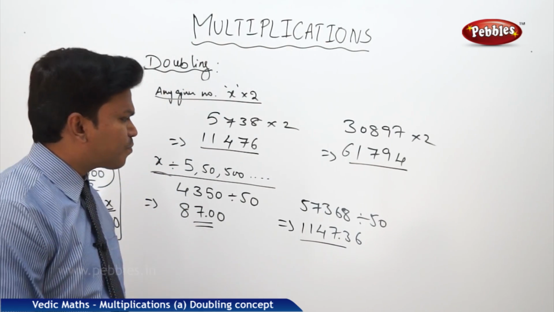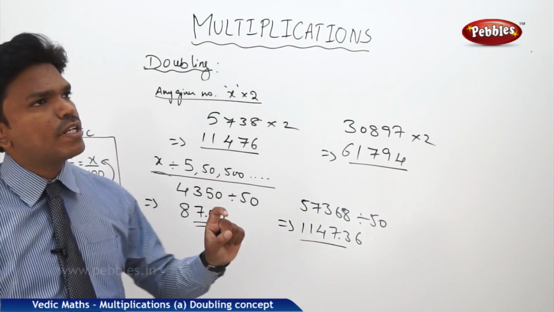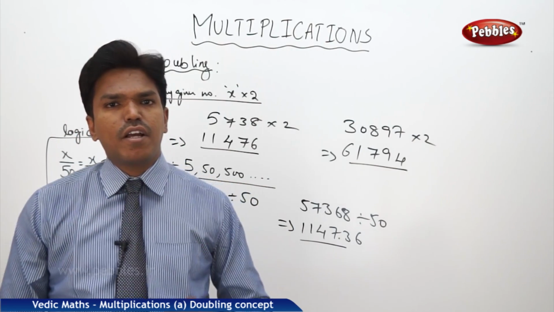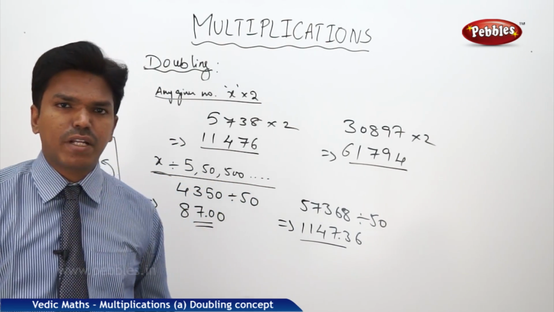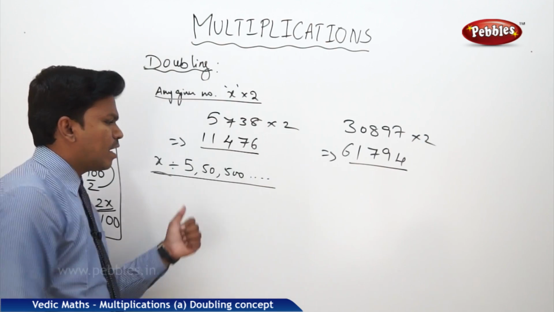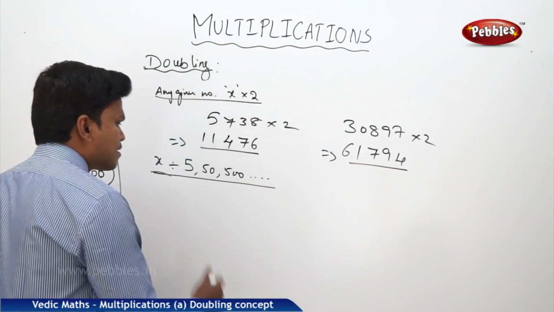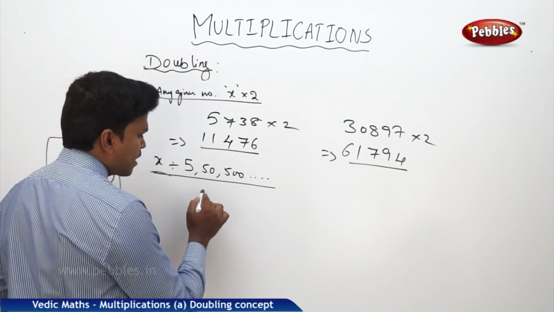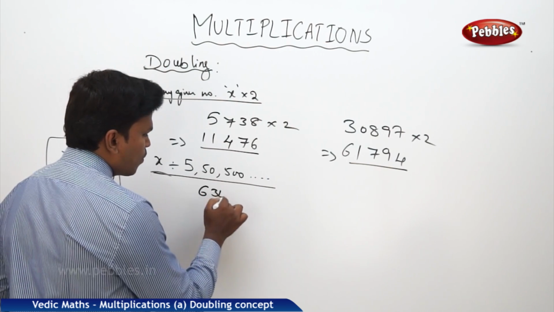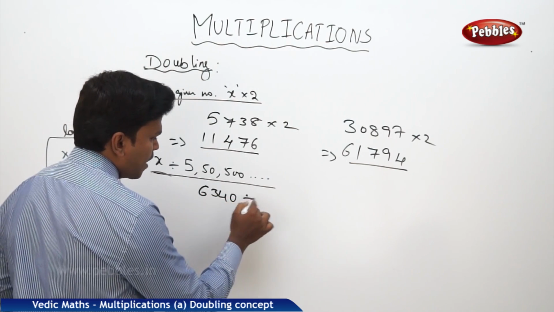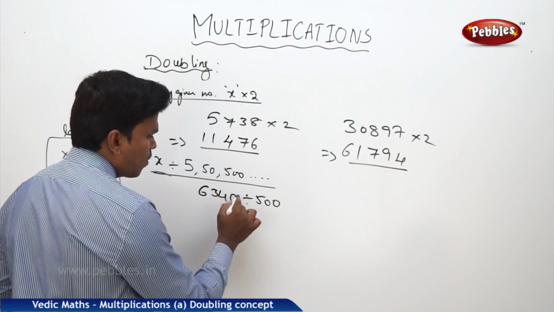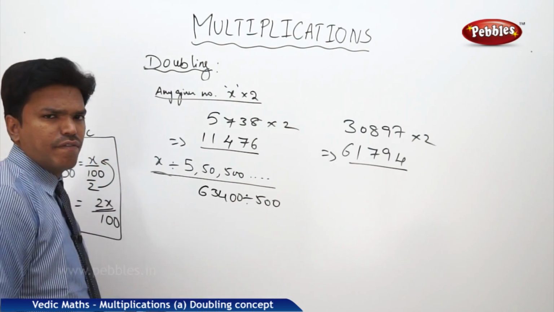Right? And how can we divide a number similarly by 500? Now we'll see any number division by 500 this time. Let's take an example: 63400 division by 500.